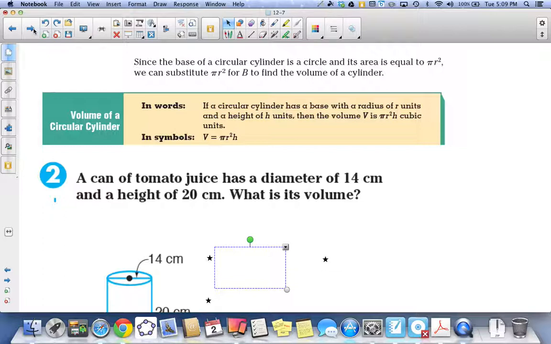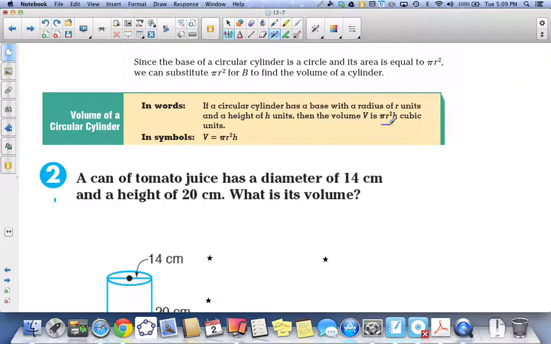So, in this case, the volume of our cylinder would be equal to pi r squared h. Why? Because the base is a circle in this case. So if it's a circle, the area for a circle is pi r squared. And that's the formula, pi r squared times h.